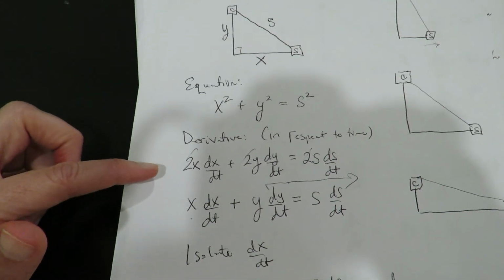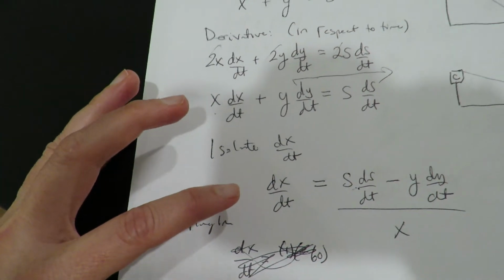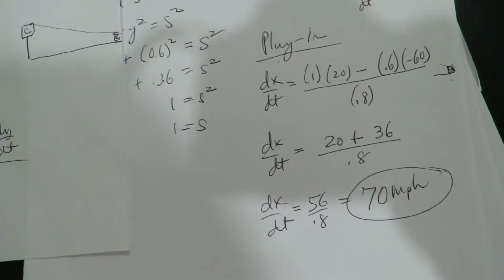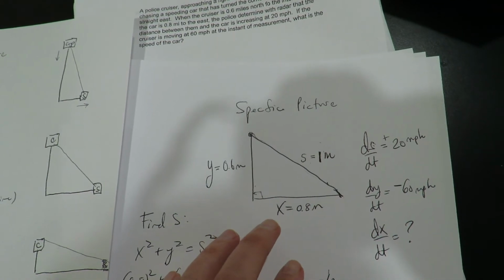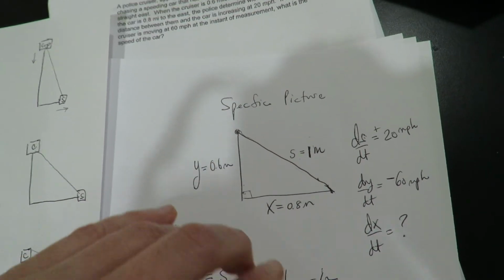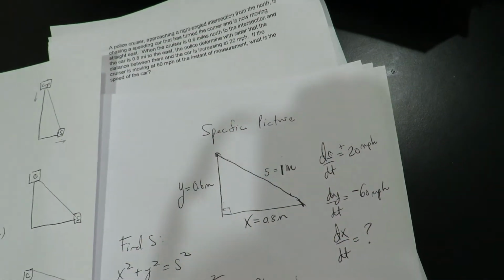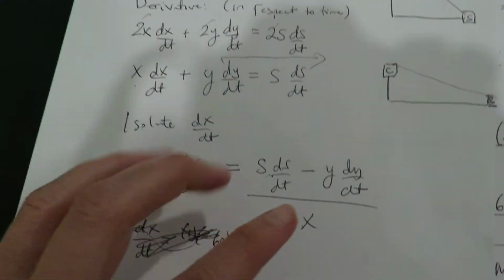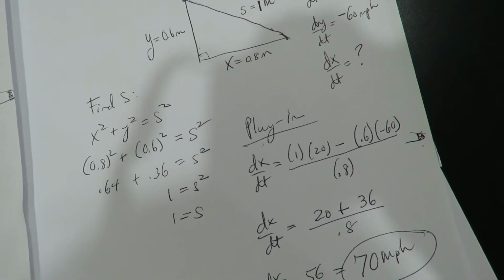We take the derivative with respect to time of the Pythagorean theorem. We isolate what we're looking for, in this case dx dt. We figure out what's happening at the specific moment in time: how far the cop is, how far the speeder is, how far the distance between them is. We figure out what our knowns and unknowns are, so that we're able to plug it into the general equation that we've isolated.